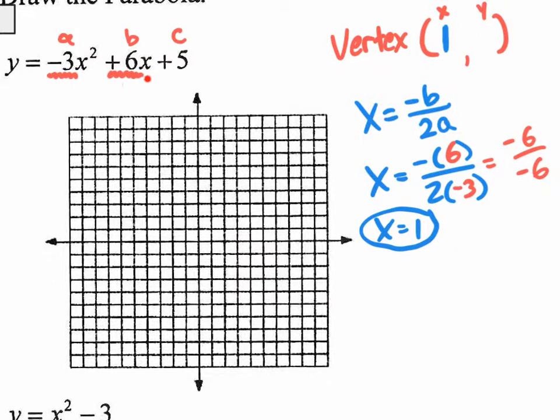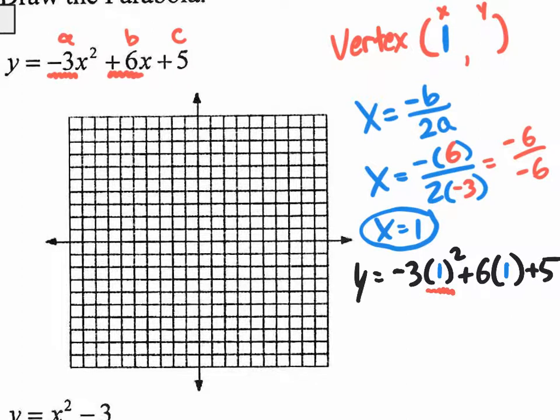So let me take this function right here, and let me rewrite it. Y equals -3 times x squared plus 6 times x plus the c value 5. And let me plug in the x value of 1 into the parentheses to replace the x's that used to be there. And now let's do the math. Exponents first. 1 squared is 1. And you really have a multiplication, -3 times 1.